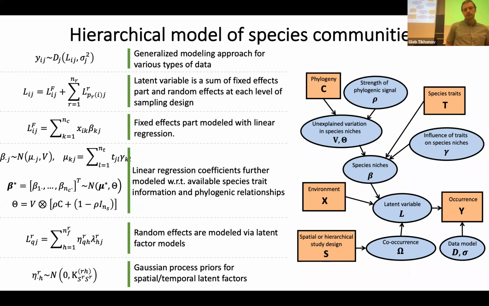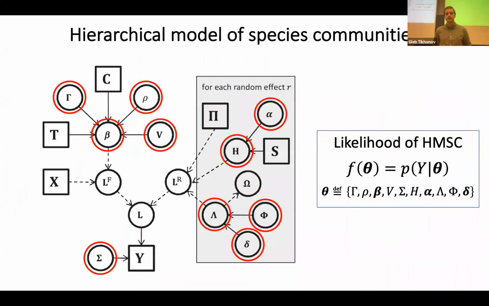And the statistical model can be represented either in this simplified directed acyclic graph format, or maybe in a bit more developed statistical graph format, which was also shown earlier. And here I was just going to highlight what are the model parameters of the hierarchical model of species communities, and those are highlighted by red circles. So you can see that the DAG consists of squares and circles, black squares and black circles.